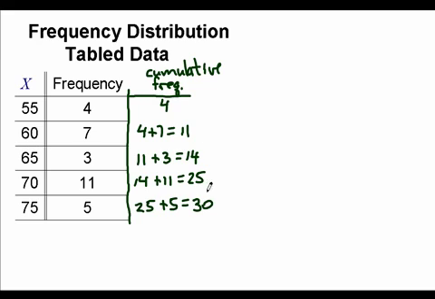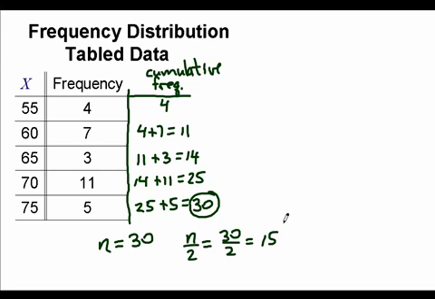And what's nice about the cumulative frequency is it gives us the number of elements, so we know here that n is equal to 30. And then we can find the median by doing the n divided by 2 formula, which is 30 divided by 2, which comes out to be 15. And we'll take the 15th element and the 16th element. So as we go down the cumulative frequency, the 15th element is not here.